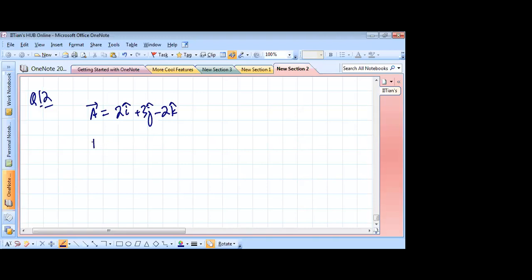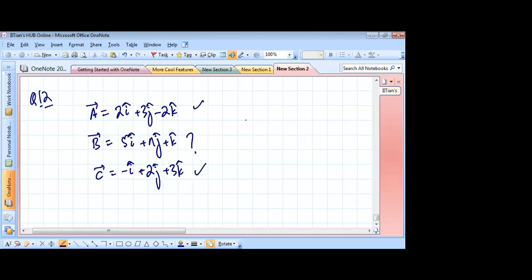The vector B is given to us as 5i cap plus some unknown quantity n j cap plus k cap. And the vector C is given to us as minus i cap plus 2j cap plus 3k cap. So this is a known vector, this is a known vector, this is an unknown vector.